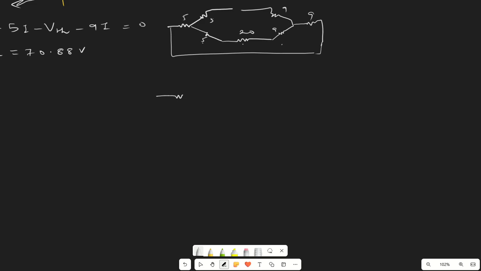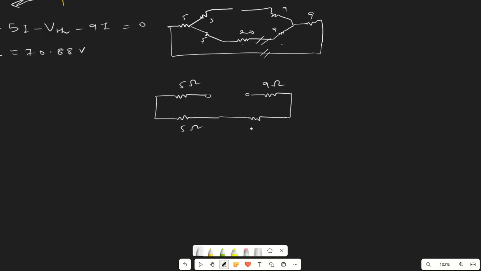So we have the upper 5 here, this is our RTH, and this is upper 9, 5 ohm, 9 ohm. Then we have one 5 ohm resistor and one 9 ohm resistor in this path. And in the second part we have these two parallel paths, right? These two are parallel.